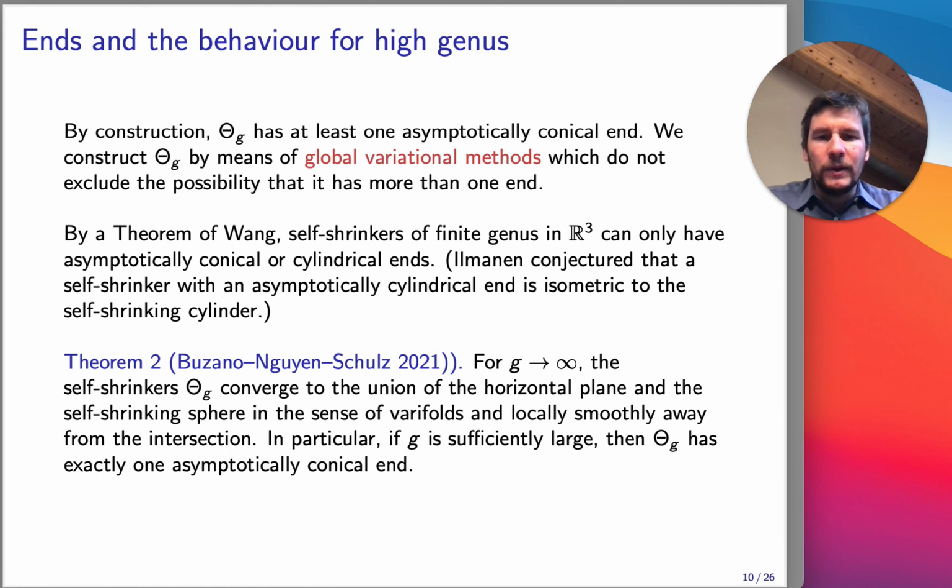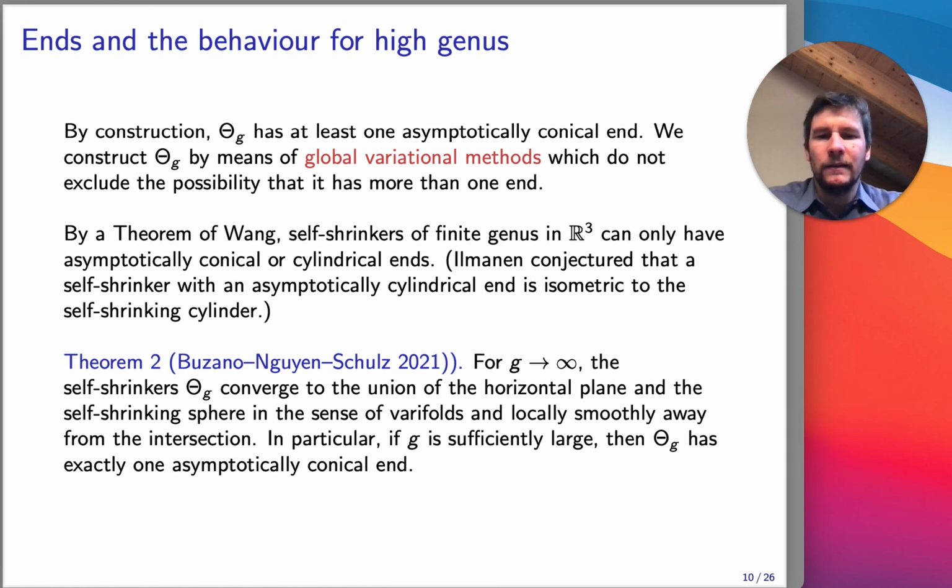So in particular that means that for large genus, these objects already look roughly like the plane and the sphere intersected and desingularized, and therefore they have exactly one asymptotically conical end. Okay, so it's not possible that for large genus they have more than one end. Only for small genus that could theoretically happen.